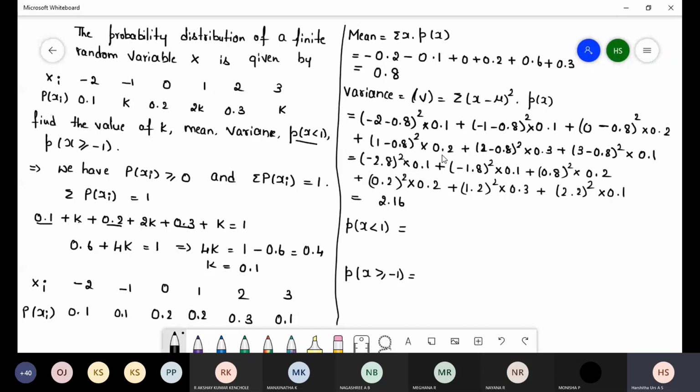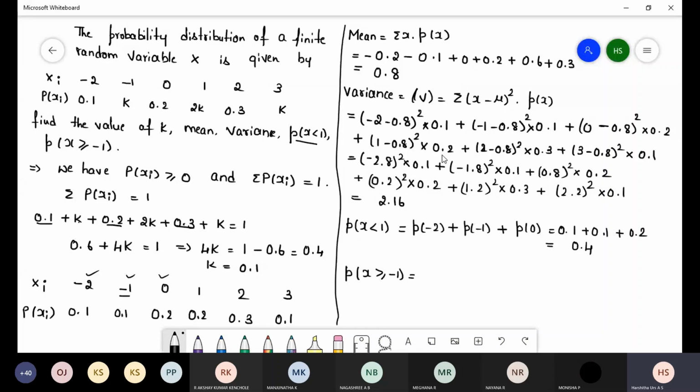After finding the variance, next they asked P of x less than 1. You can see the table. P of x less than 1 means minus 2, minus 1, 0. So P of minus 2 plus P of minus 1 plus P of 0, that is 0.1 plus 0.1 plus 0.2, which gives 0.4. Next, greater than or equal to minus 1.